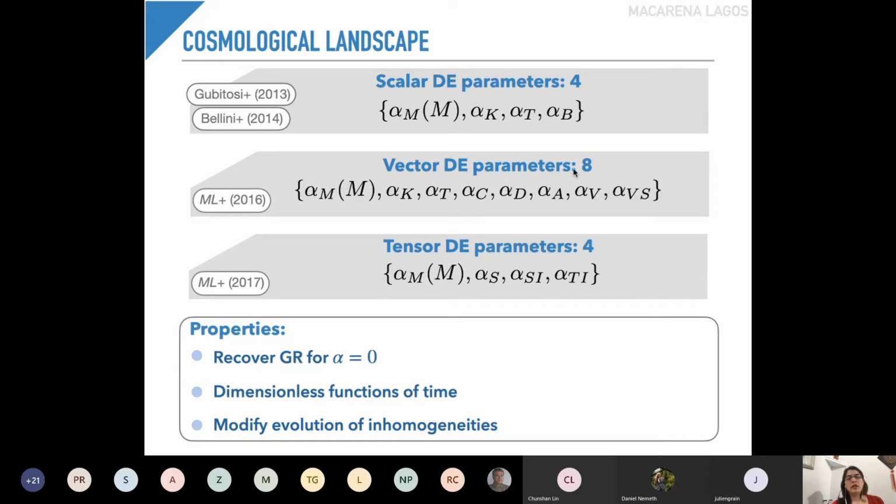All these alpha parameters have common properties. The idea is that we recover general relativity or lambda CDM when all the alphas vanish. So the hope is to use your data, your observations, to see whether they prefer a non-zero value for these alpha parameters or not. They are all dimensionless parameters that I call parameters, but they're actually functions of time.